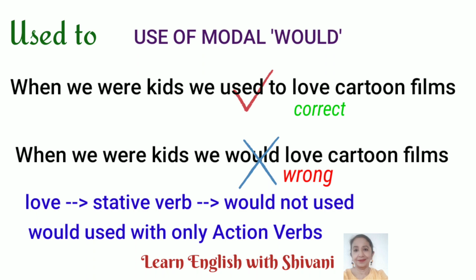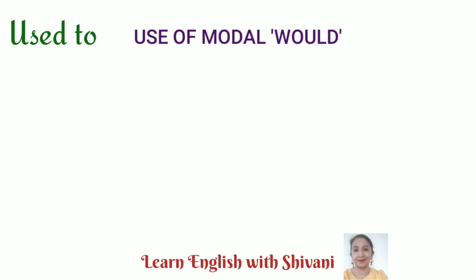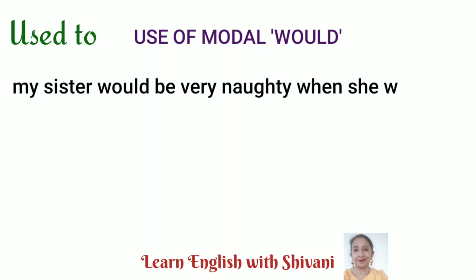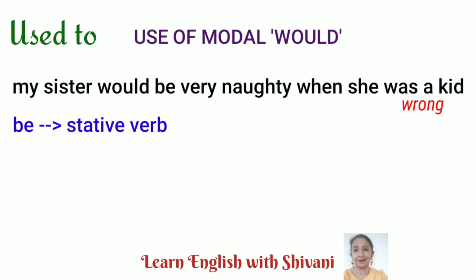Let's take another example. My sister would be very naughty when she was a kid. Again, this is wrong. Be is a stative verb, so we can't use would.